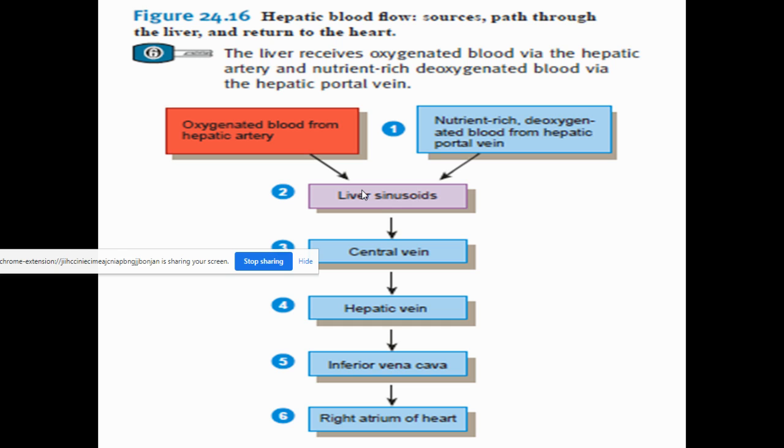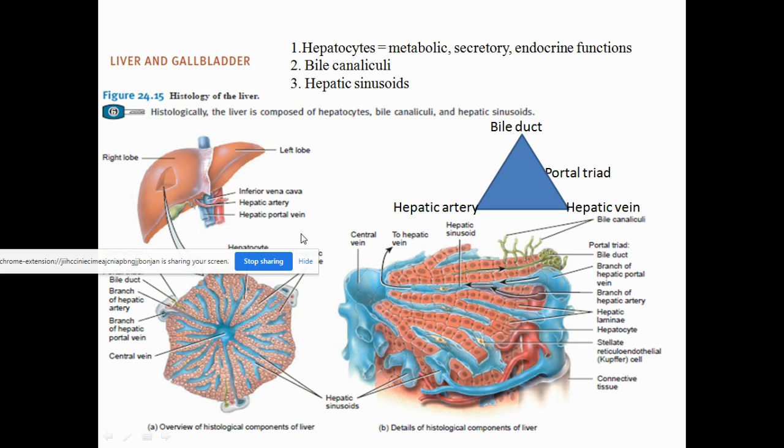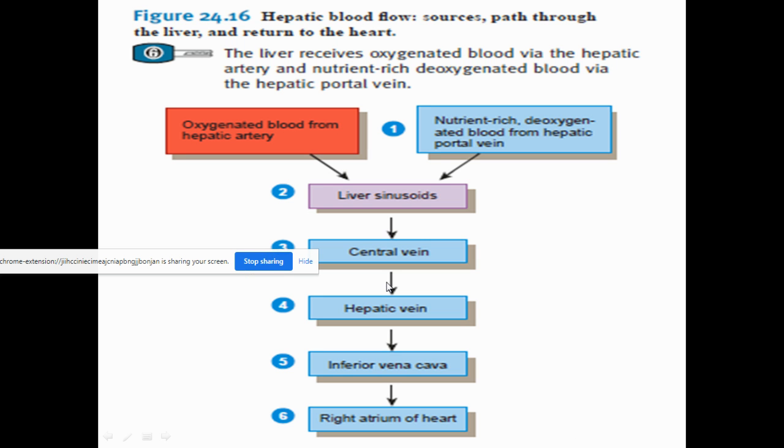In the previous structure, in this picture, you have seen the flow of bile is from the center to the outside periphery, whereas the flow of blood is from the periphery to the center. Two opposite directions: bile flows towards the periphery, and blood flows towards the center. You have to keep this in mind.